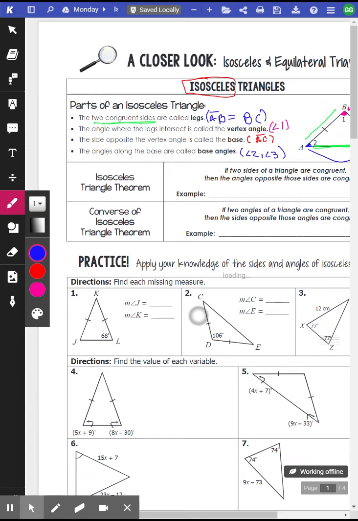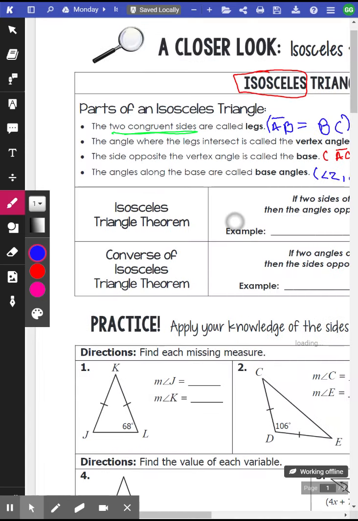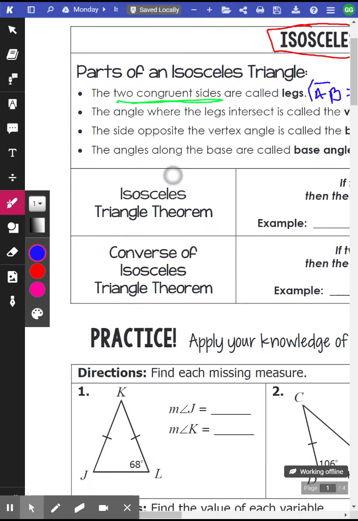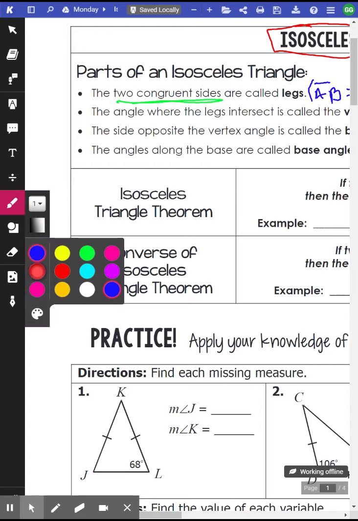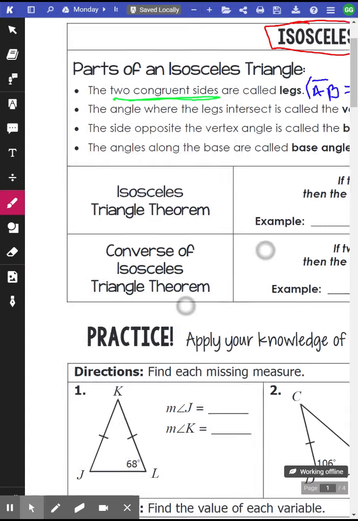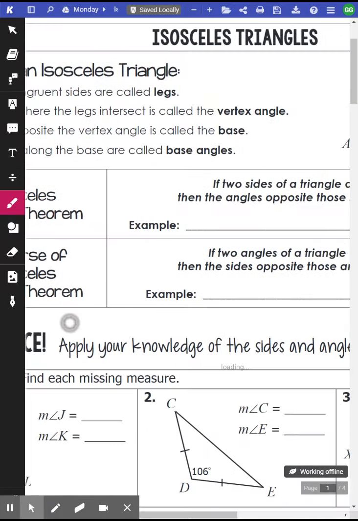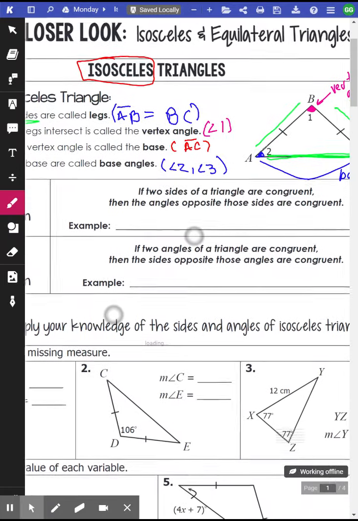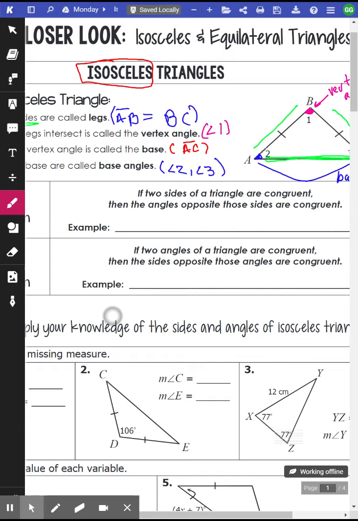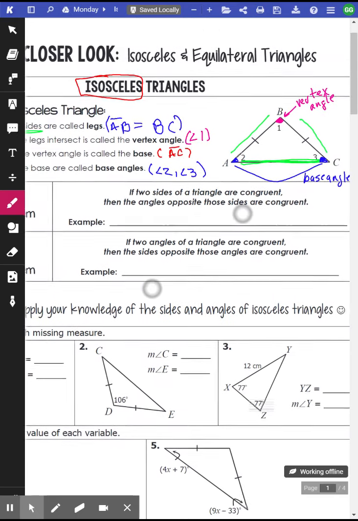All right, so the first theorem, and remember, converse is always just the backwards of the original theorem. So if we're looking at this first isosceles triangle theorem, it says if two sides of a triangle are congruent, then that means that the base angles opposite those sides are congruent. How do I write this using that triangle that's up there?